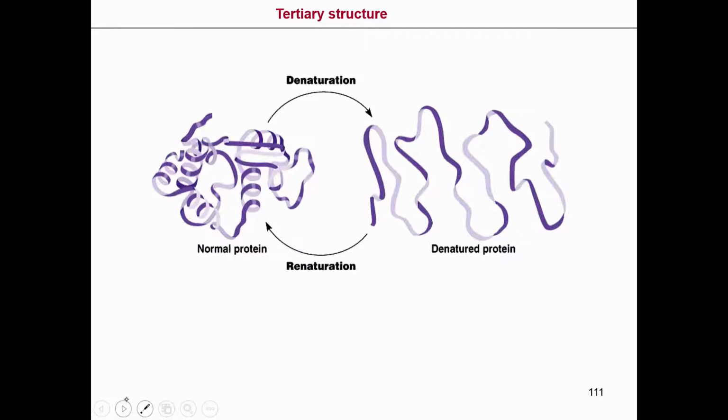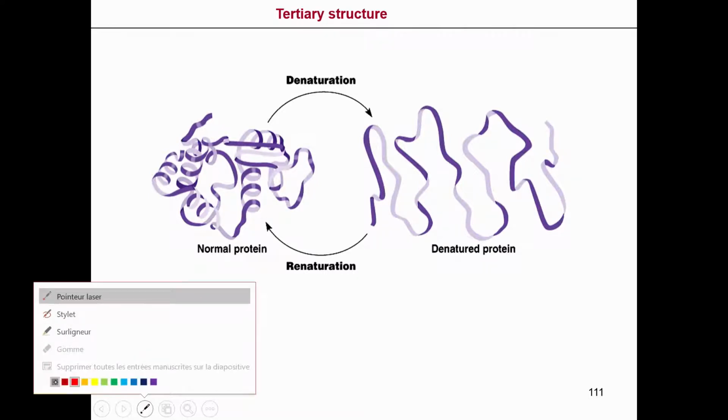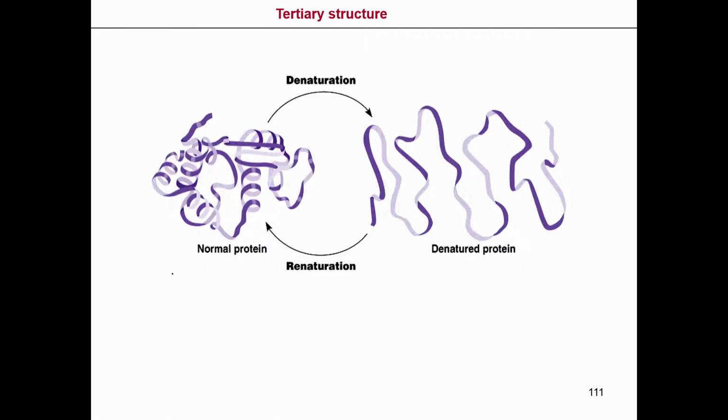So we can mention what denaturation and renaturation are. Here you have the 3D structure of a normal protein. It's called the folded protein.